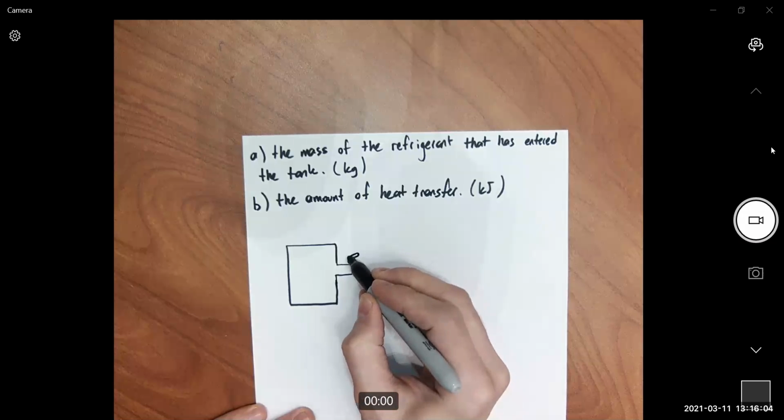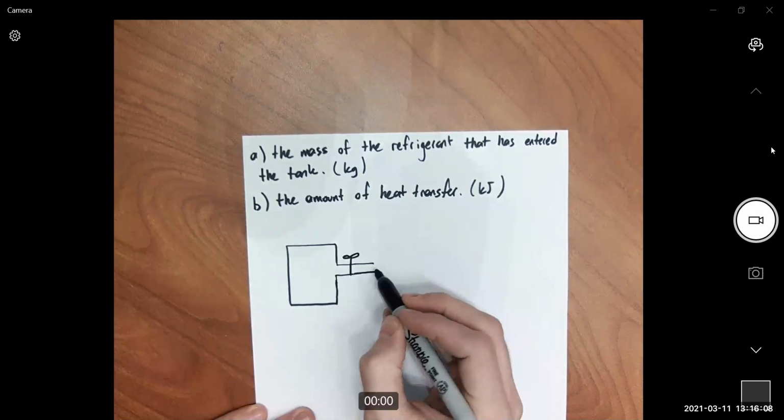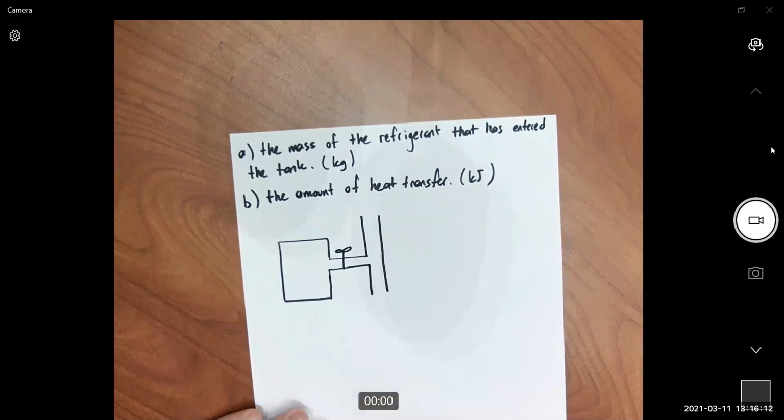I have a valve here, and it's connected to the supply line. How many of you drew it like that? Close. It doesn't have to be perfect, but this is what it should be.